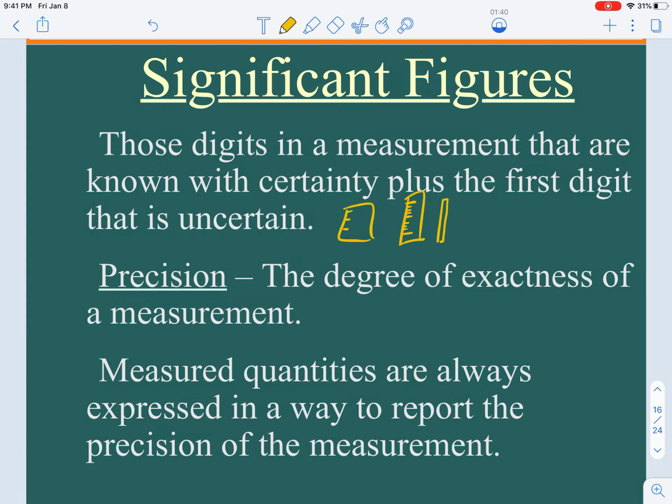So if I am asking you to measure out a liquid, let's say that I want 10 milliliters of water, if I'm using a beaker, when you find that 10 milliliter line, assuming the beaker has a line for 10 milliliters, you don't really know if it's exactly 10 milliliters.